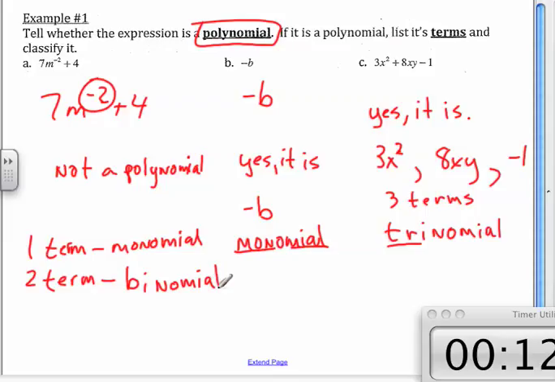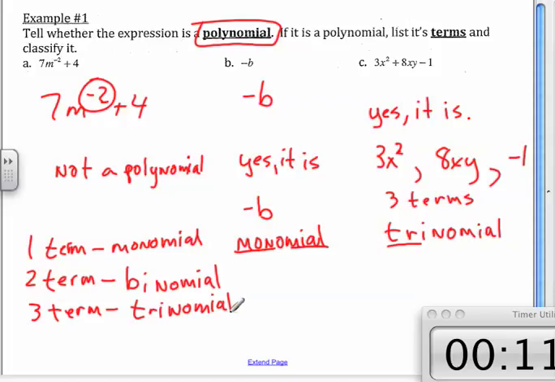Well done. What do we call it if it has 3 terms, Gordy? A trinomial. Okay? Now, beyond that, if they have more than 3 terms, we just call them polynomials. There's not a special name for a 4-term polynomial. We don't have a name for it. We just call it a polynomial.